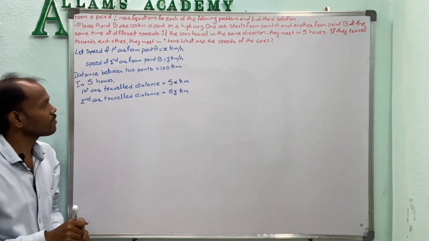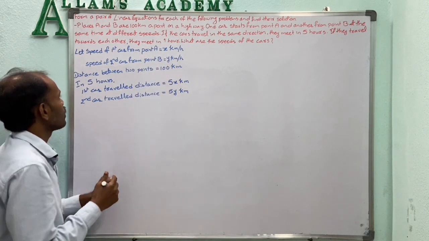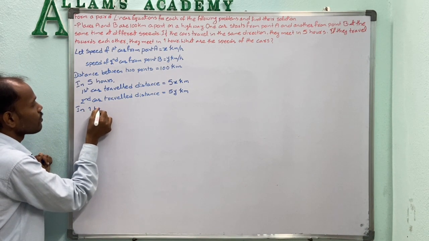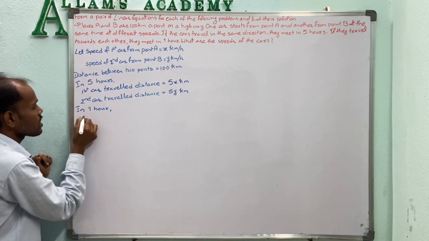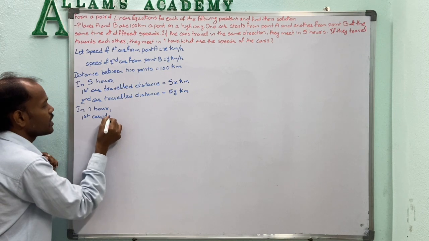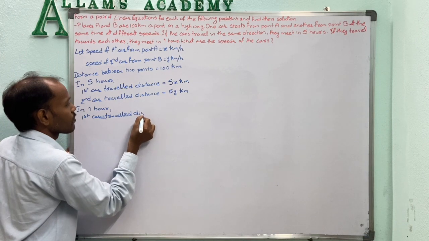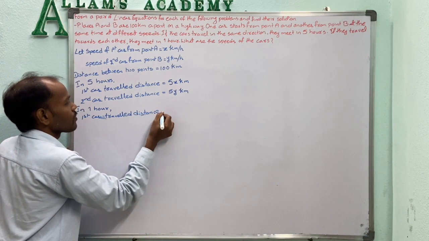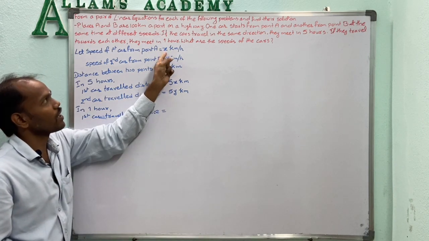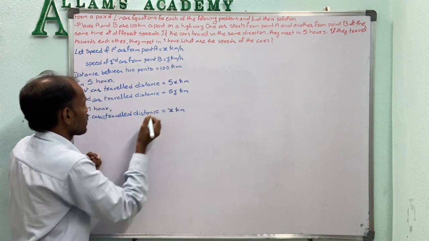Next, the second time given is 1 hour. So in 1 hour, the distance travelled by the first car is speed into time, so x into 1 hour, that is nothing but x kilometers.